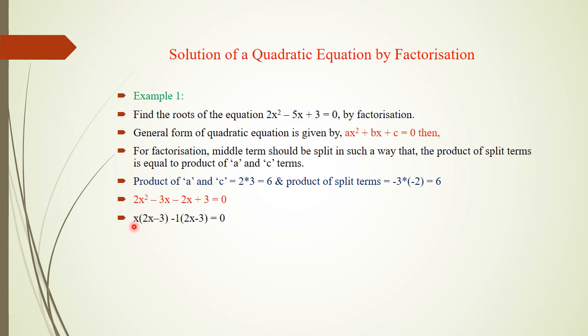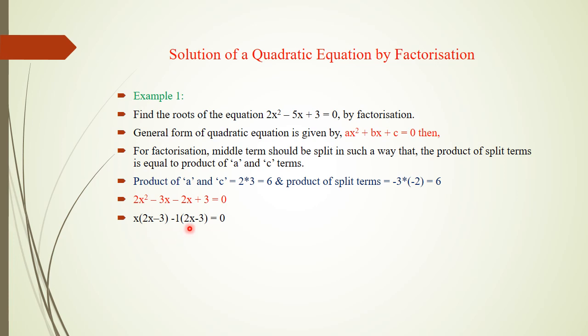So I'll take x out. Then inside it will be 2x minus 3 here. And in these two terms, if I take minus 1 as common, inside bracket it will be 2x minus 3, then it is equal to 0. Now we have two terms here, x into 2x minus 3. One more term is minus 1 into 2x minus 3.